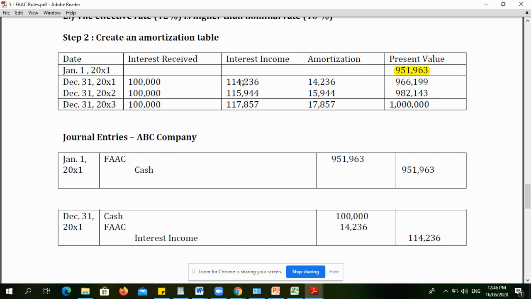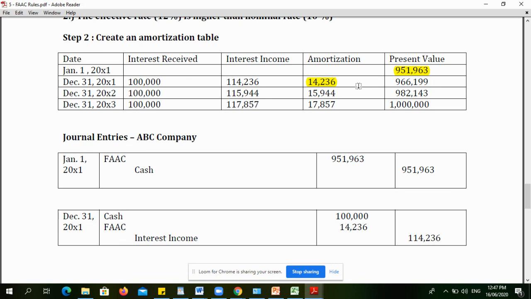Interest income can be solved by multiplying the present value times the effective rate, which is 114,236. You notice that the interest income is higher than the interest received, which is an amortization.